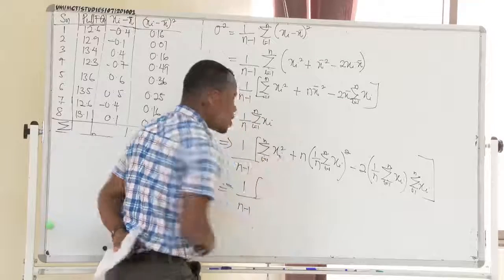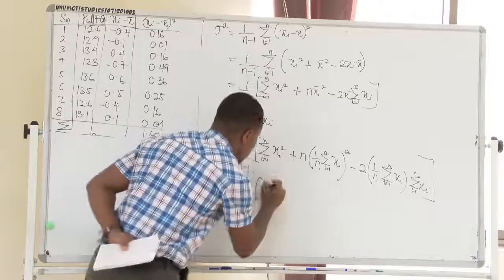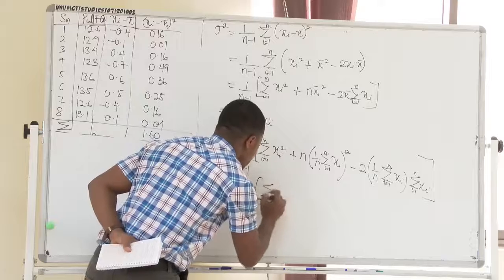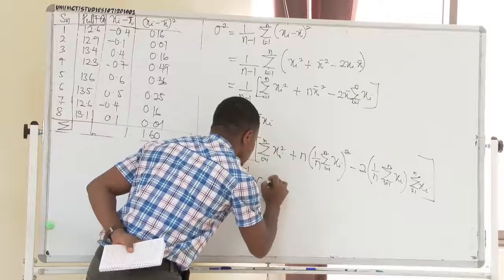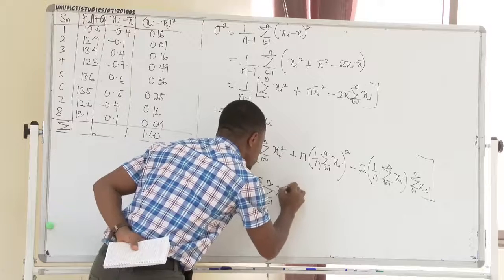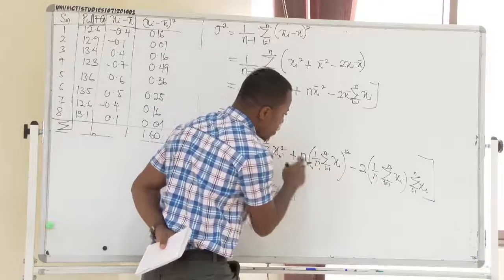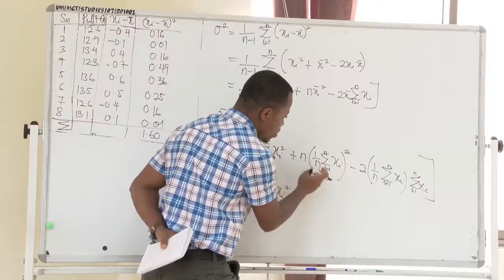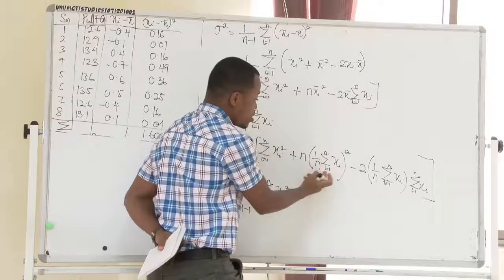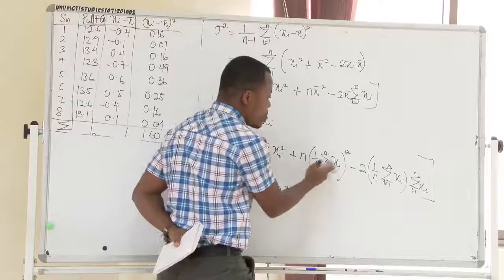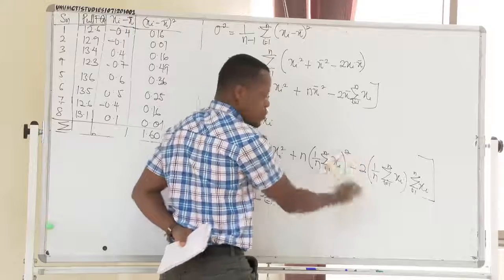For this part, this is just going to remain as it is, xi squared. Now let's look at this aspect of it. With this aspect, we can think of bringing this constant out. And remember, this is squared, so we have to bring this out.